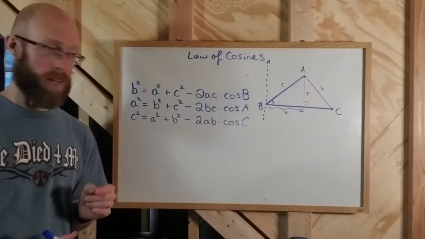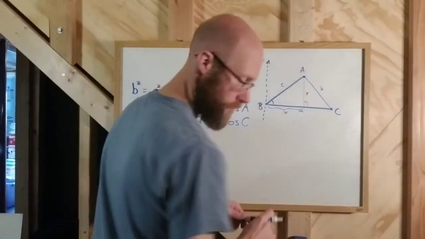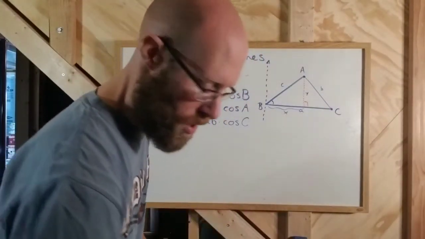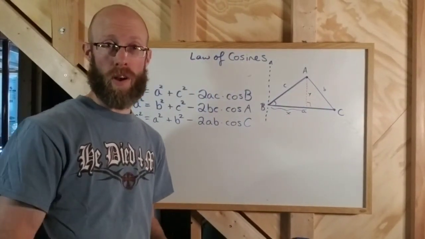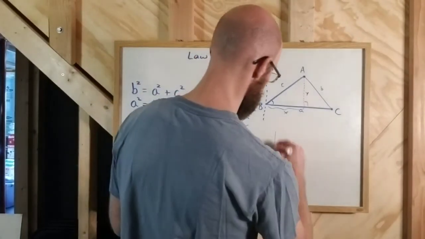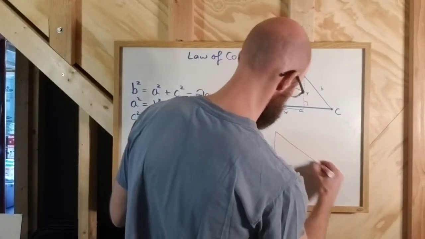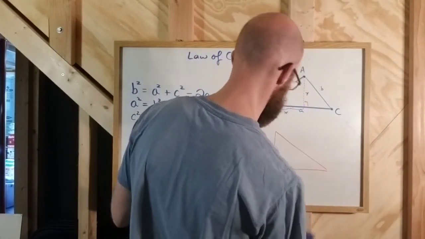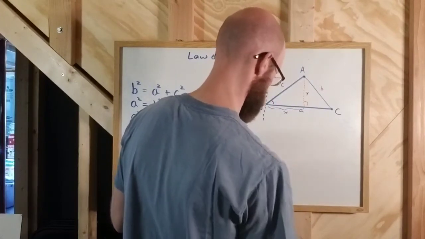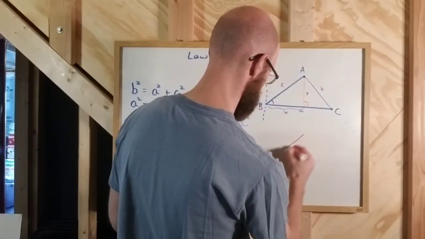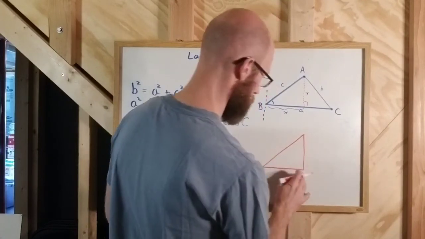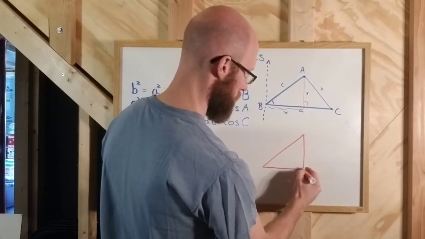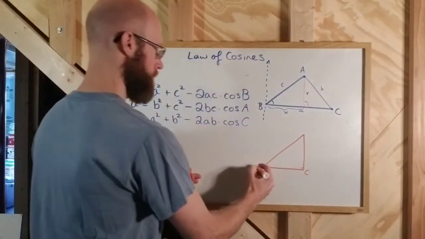What's very interesting is that if you recall, if I were to take this triangle and make it a right triangle, we've done right triangles quite a bit, so recall a right triangle for a moment. Let's make a right triangle, and let's put C as the 90-degree angle.